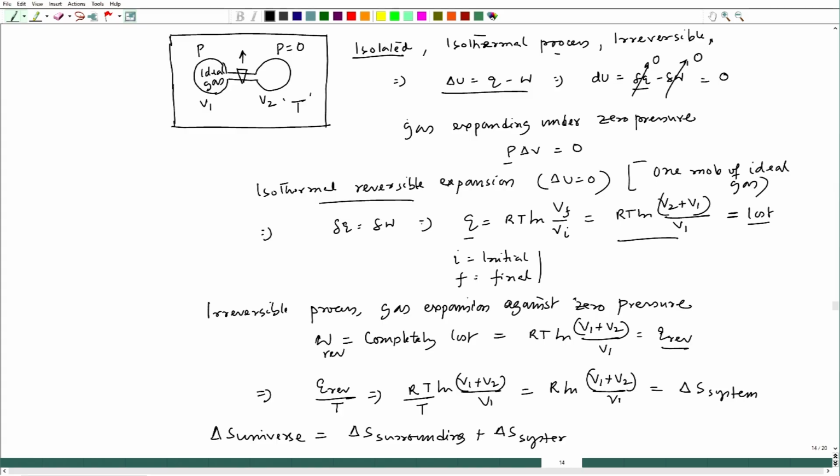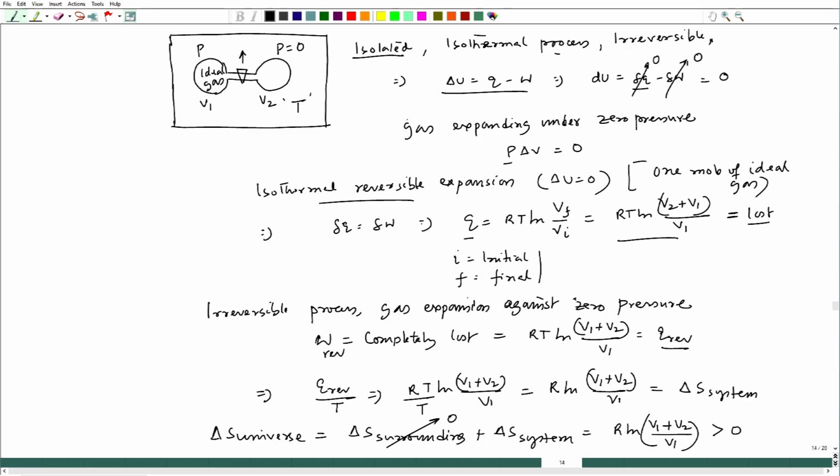Because it is isolated from the surrounding, that Q amount is 0. So, what will be the del S surrounding, since del Q is 0? So, this is 0. Then it becomes R ln V2 by V1. So, this is a positive quantity, greater than 0.